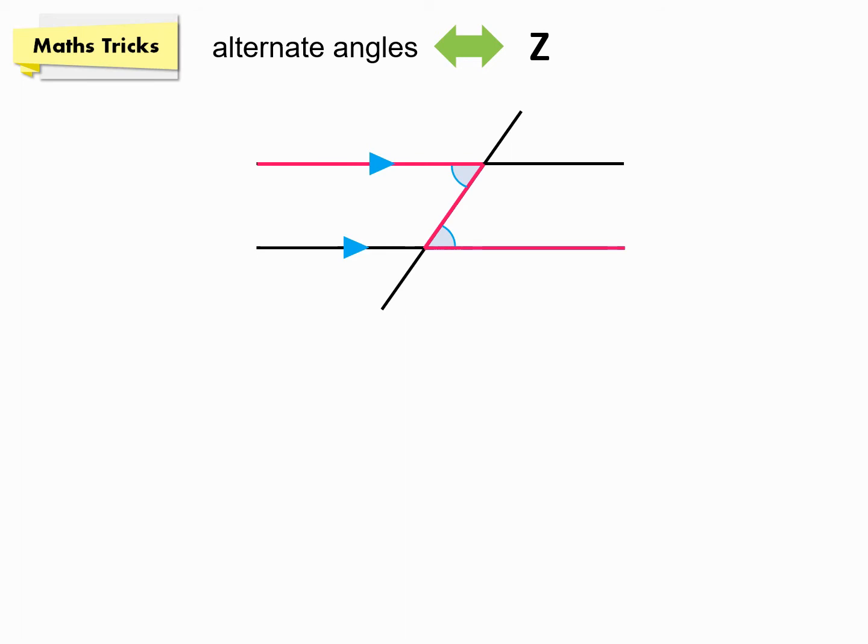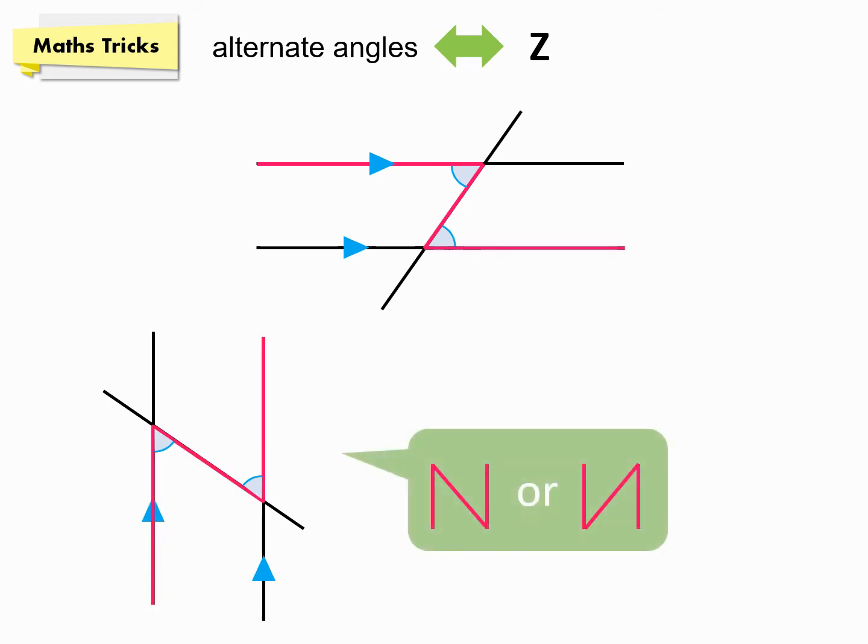Similar to the situation of corresponding angles, we can flip this Z laterally or upside down. We can also rotate this Z through 90 degrees, which becomes a letter N, or a laterally inverted N. The most important point is also under the condition of parallel lines. This pair of alternate angles are equal.